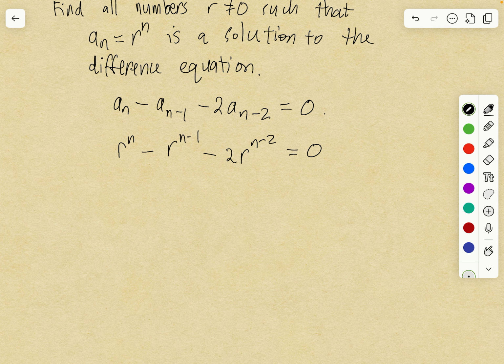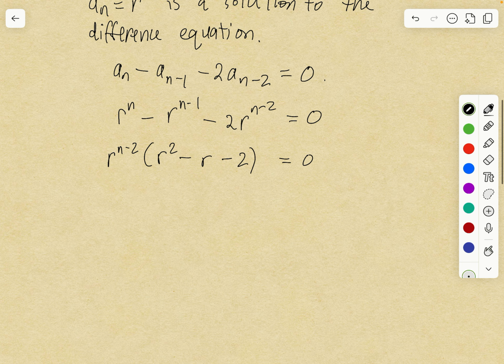We assume that r is not 0. We first factor r to the n minus 2 out, which gives r squared minus r minus 2. Since r is not 0, we can divide both sides by r to the n minus 2 and get r squared minus r minus 2 equals 0.